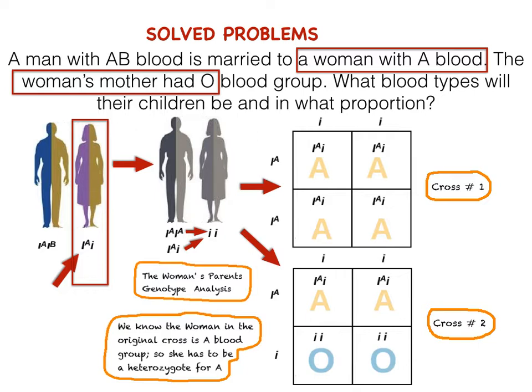So that comes back to the original cross, where the woman is a heterozygote. I've explained this in this lecture, but when you get this in the exam, just know that if you get a problem like this, where a woman has an A blood type with an O mother, it is 100% certain that she will be a heterozygote. She cannot be a homozygote coming from an O mother.